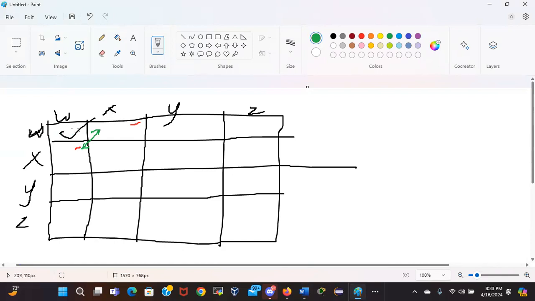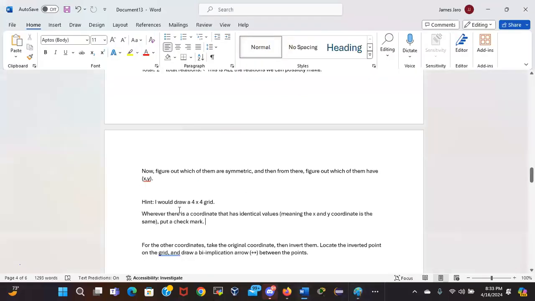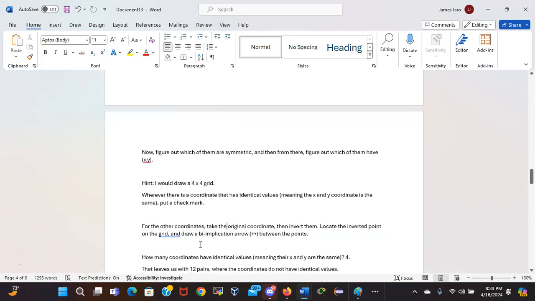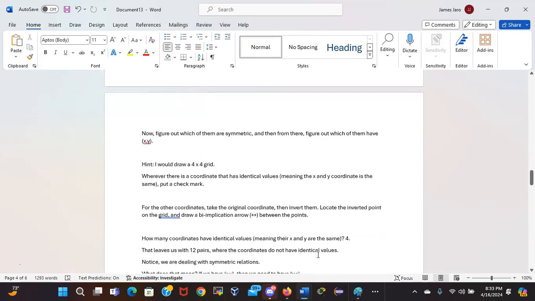So here, this is WW, so we throw a check mark on there, and then we do the same thing throughout. For all the other coordinates, take whatever coordinate you land on, invert it, locate the inverted point on the grid, and draw a biimplication arrow between the points.